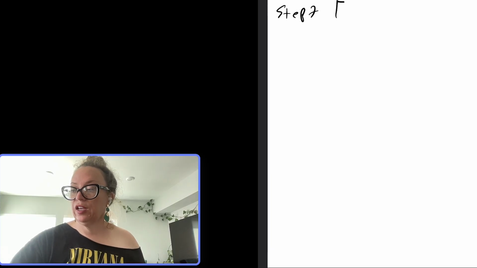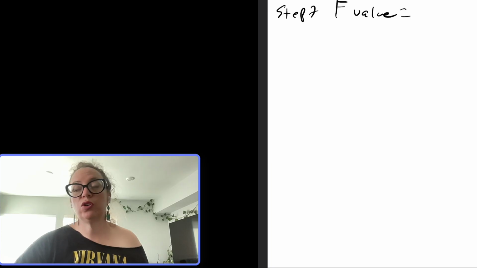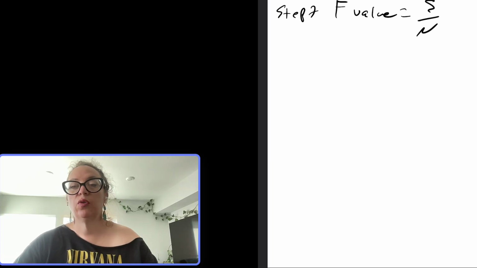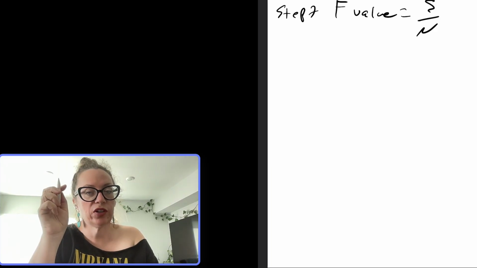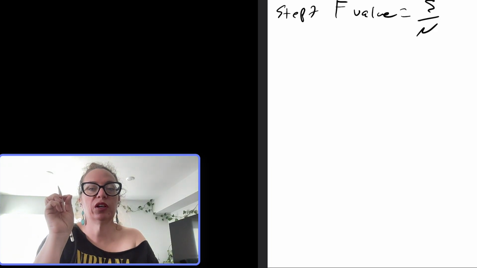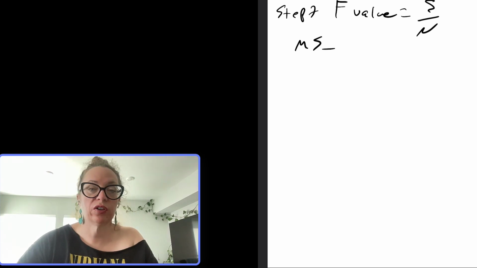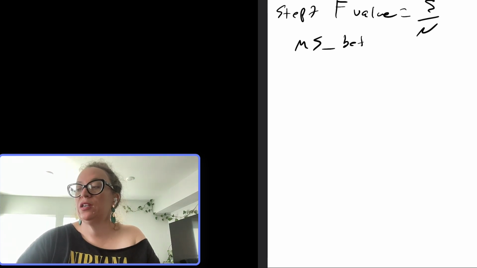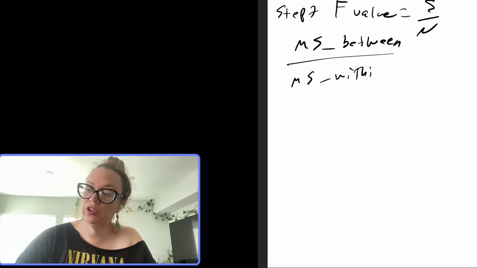Step 7, finding the F value. The F value equals the signal over the noise. What is the signal? Do you remember which one of these is the signal? Pause it and try to think about this before you hear the answer. The signal is the mean of squares between over the mean of squares within.